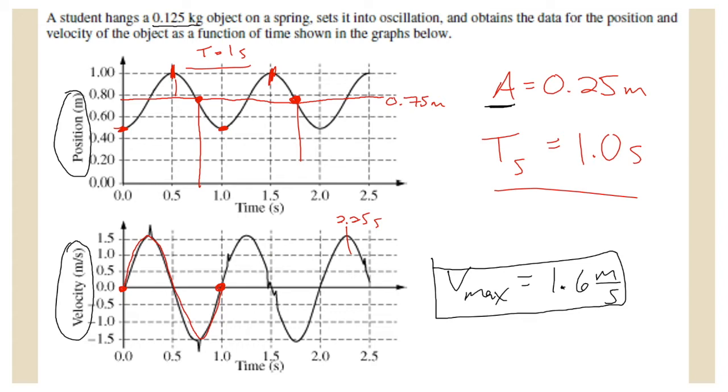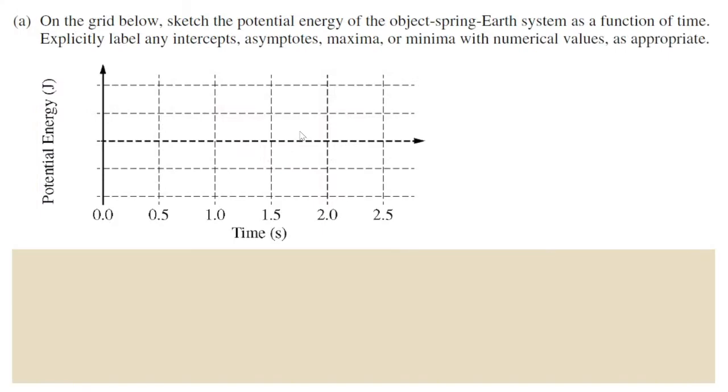The first thing we should say is that wherever the position is 0, well, that's where the potential energy is going to be 0. And notice, because these axes are all set up the same, that's going to be directly in between the dotted lines. So 1/4 of a second, 0.75, 1.25, 1.75, and so on. And so that's at least the first marking here we can make.